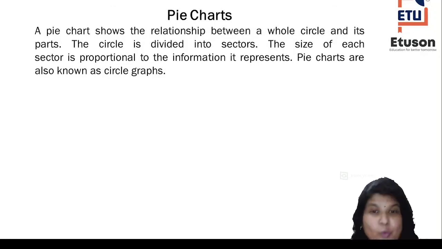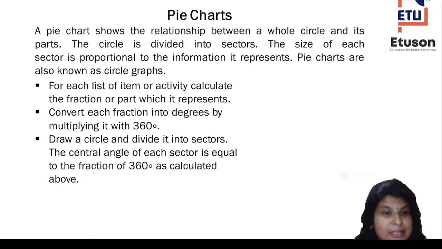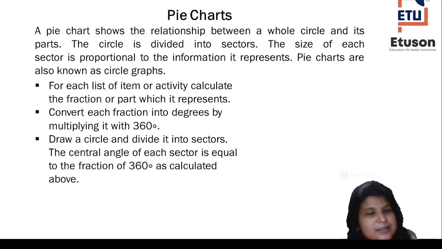Similarly, the water available on the earth, for that we had always represented with a circle with different demarcations on that. Those are all pie charts. So for each list of item or activity, you have to calculate the fraction or part which it represents. Convert each fraction into degrees by multiplying it with 360 degrees.